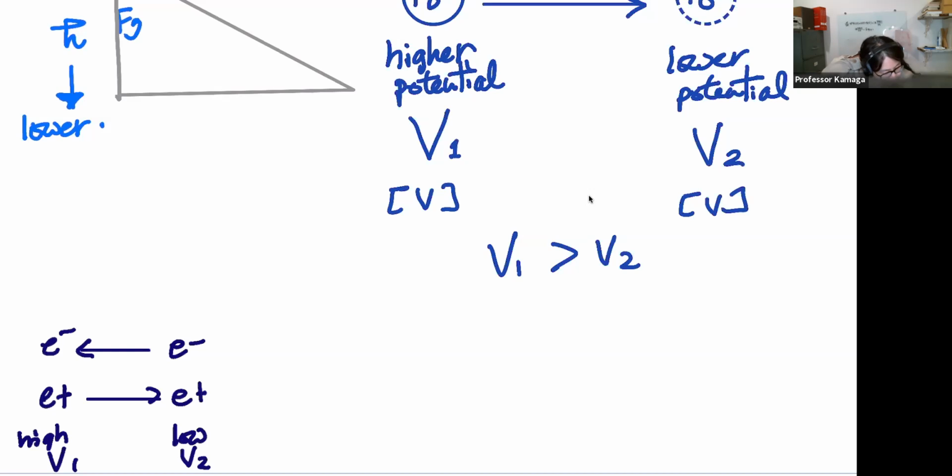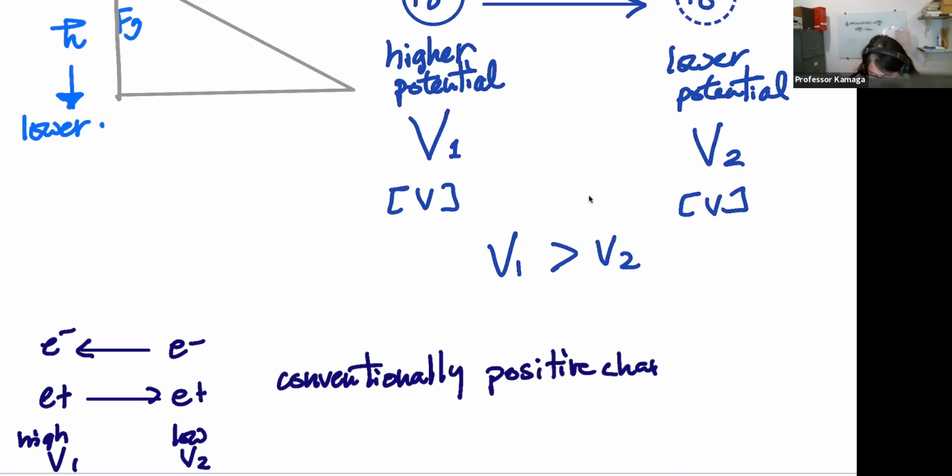So conventionally, we use the positive charge as the flow, the current flow, the electric current.